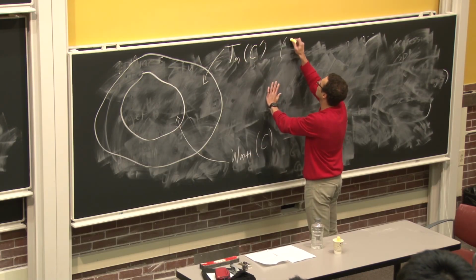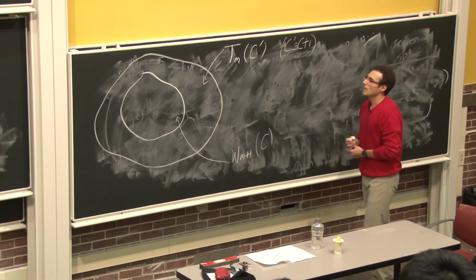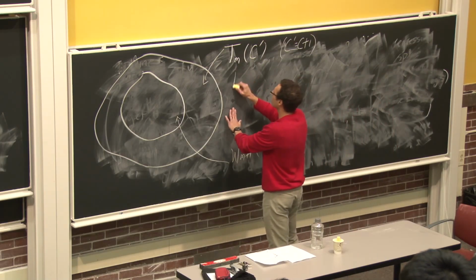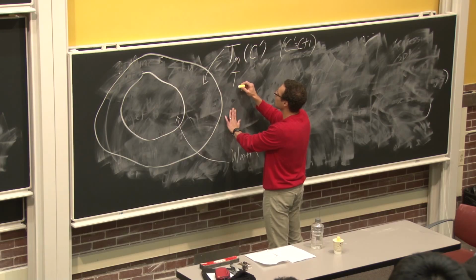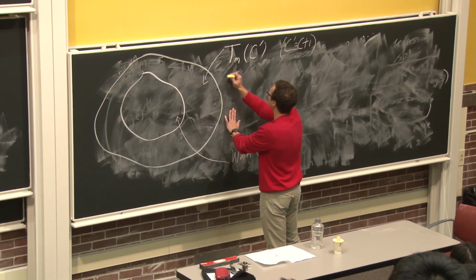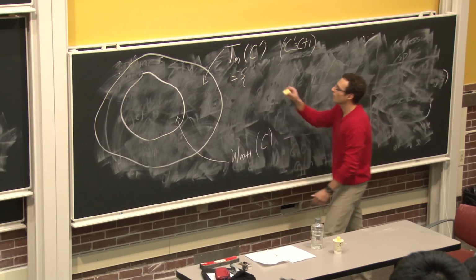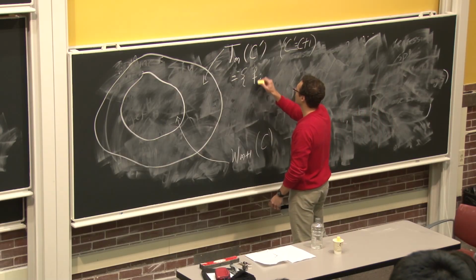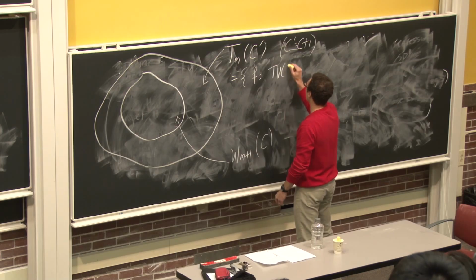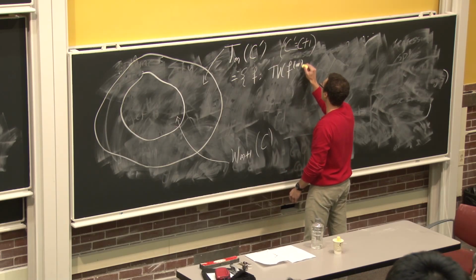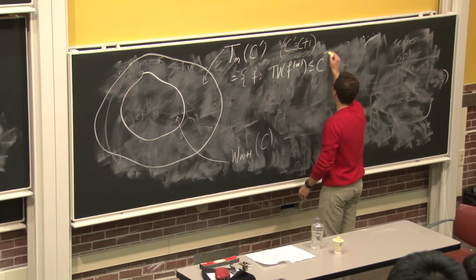And in fact, the relationship is just C prime is C plus 1. And this function space is called the total variation space rather than the Sobolev space. And it's equal to the set of all functions f such that the total variation of the mth derivative of f is less than or equal to a constant.